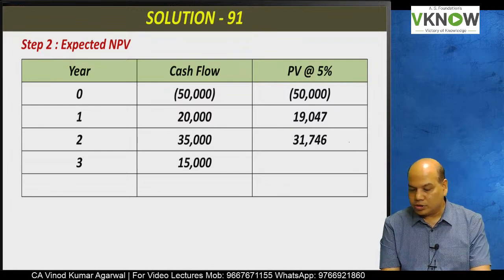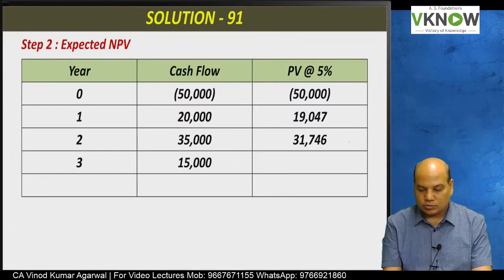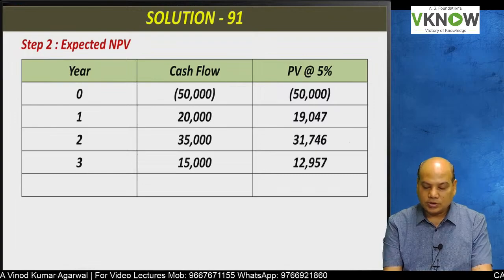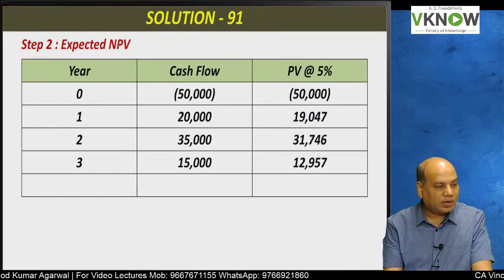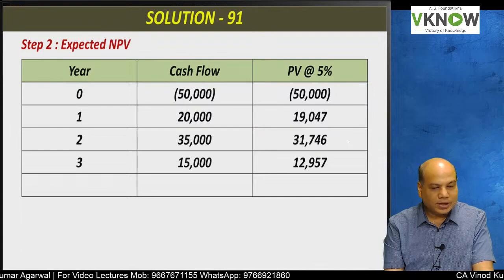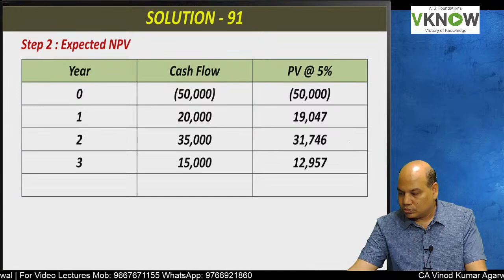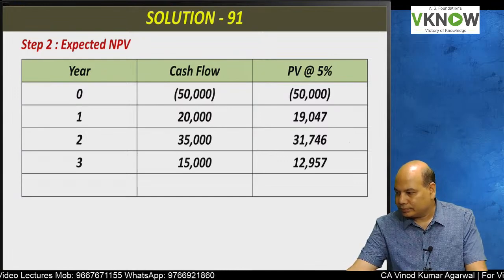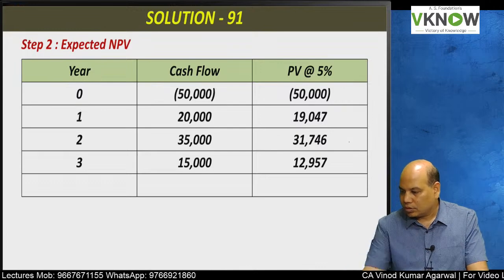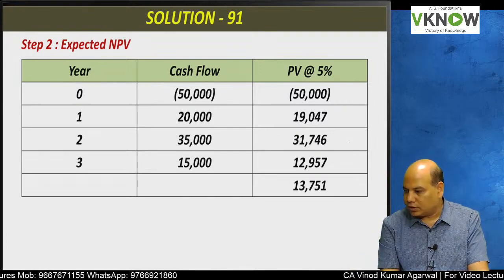35,000 divided by 1.05 squared equals 31,746. 15,000 divided by 1.05 cubed equals how much are you getting? 12,957.